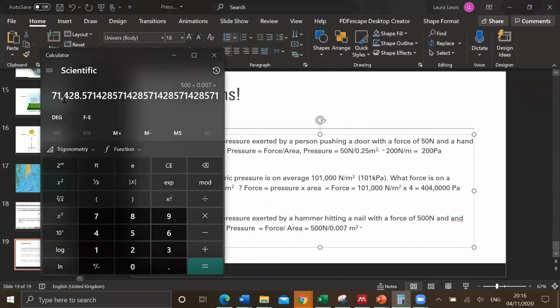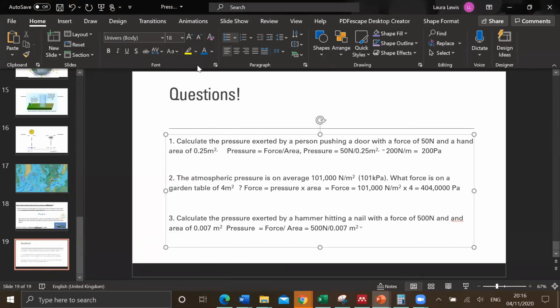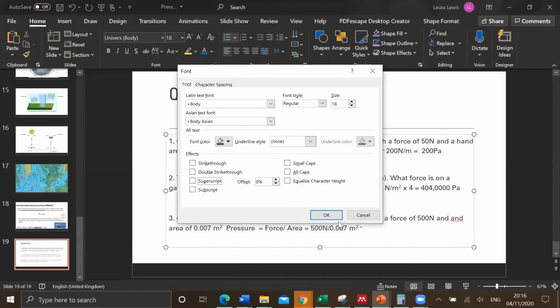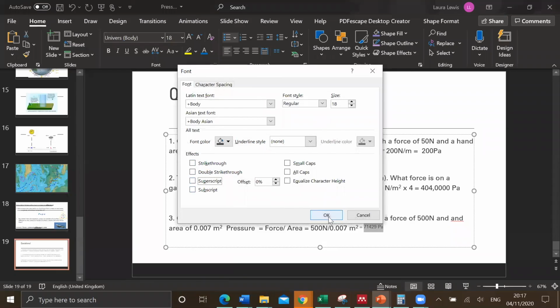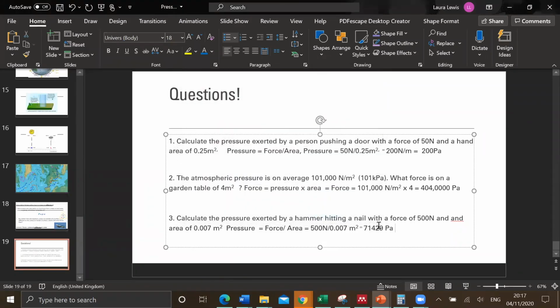It's 71,428.5, so I'm going to round up to the nearest whole number, 71,429 pascals. That's very high pressure, because we were talking earlier about that nail. So you can see here, the smaller the area, the higher the pressure.